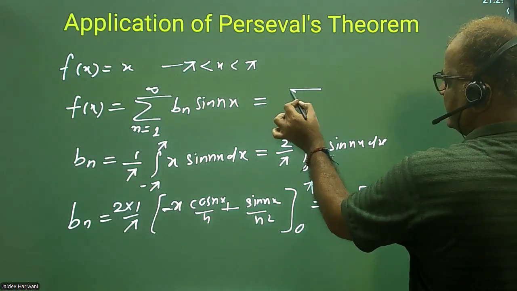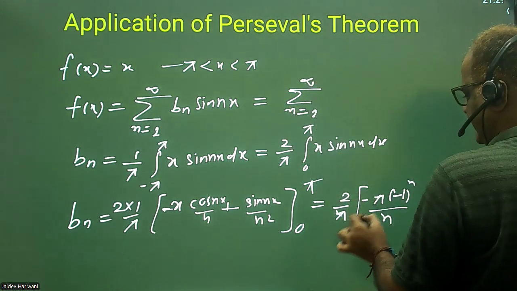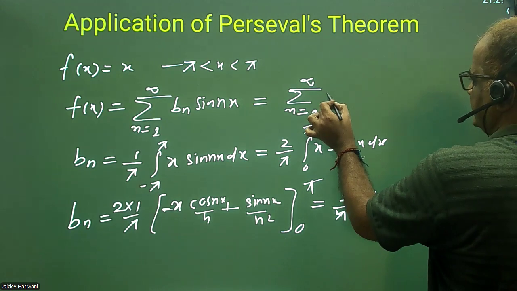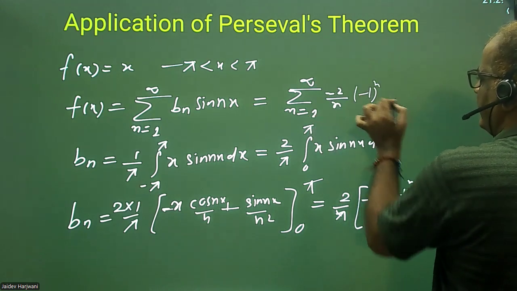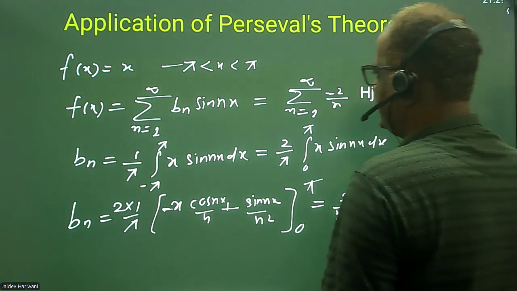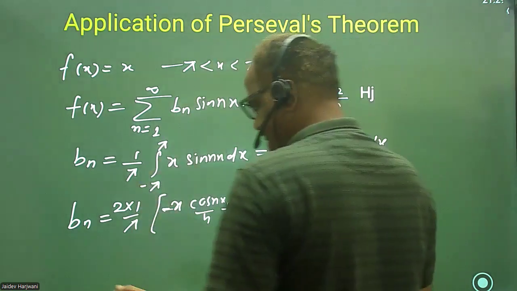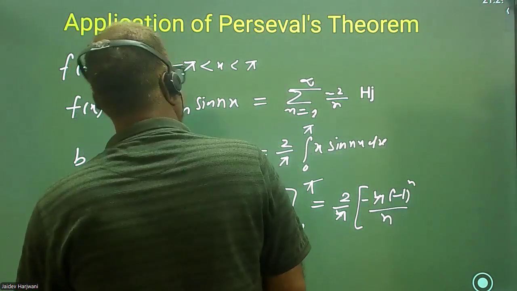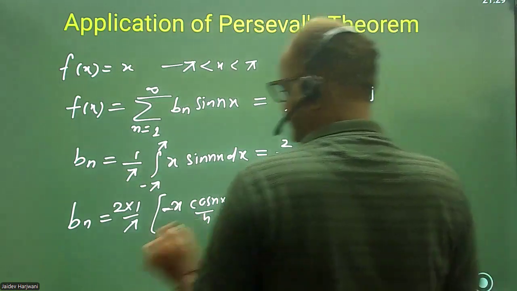So my series becomes the summation n equals 1 to infinity, and my pi cancels here. So bn is minus 2 times minus 1 power n upon n. So this is a simple expression. Now I can write Parseval's theorem.